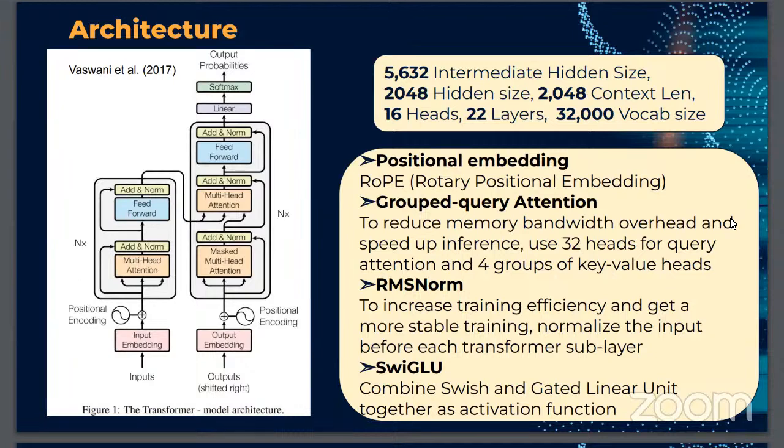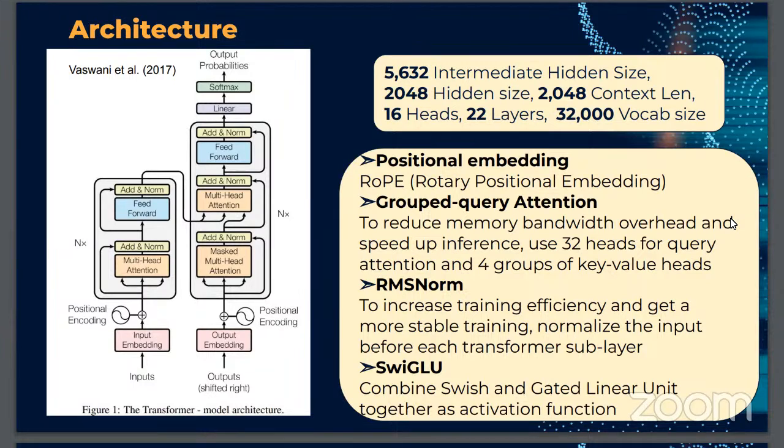So what did they change between the original transformer and Llama, which was then used for TinyLlama? They changed the positional encoding, and in this case they used rotary position encoding. They also changed the attention, using grouped query attention.